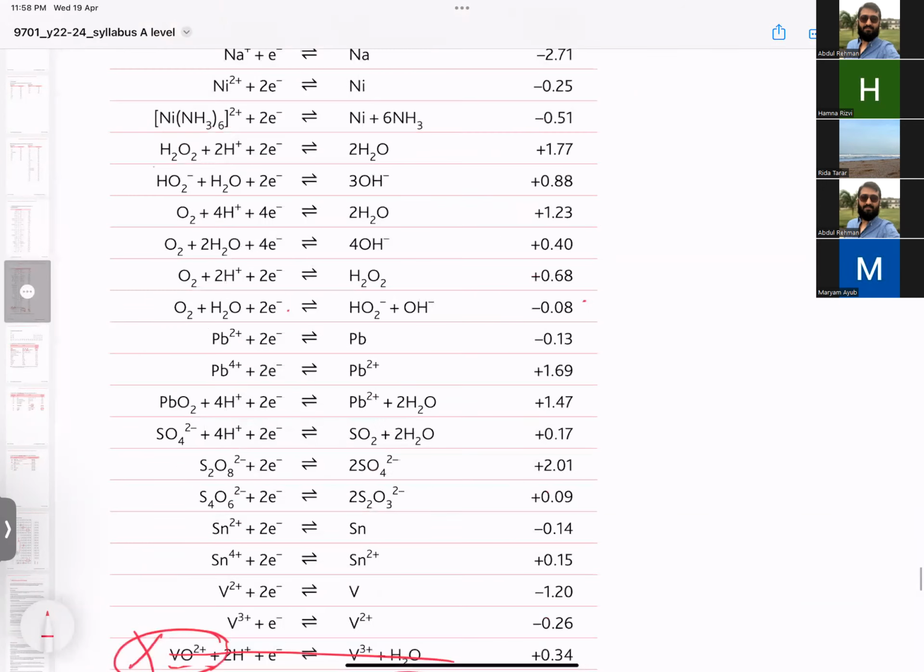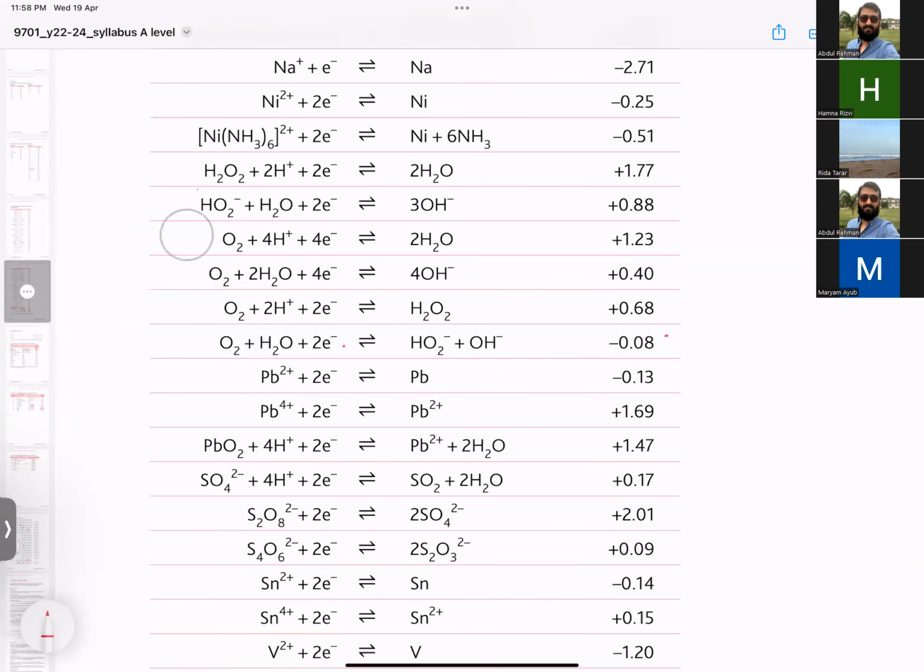Here we have oxygen, but it's an acidic condition, so we cannot use this one. We exclude this one. See here, oxygen and hydroxide, so it can be the equation that we can use.